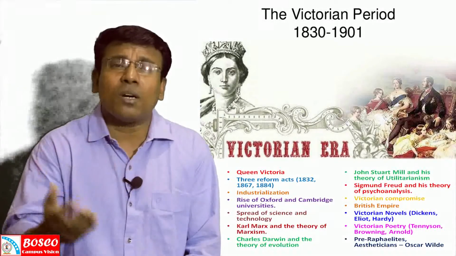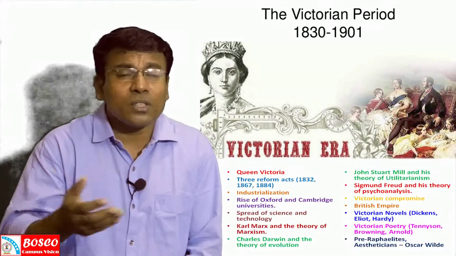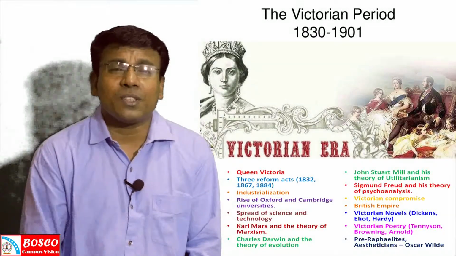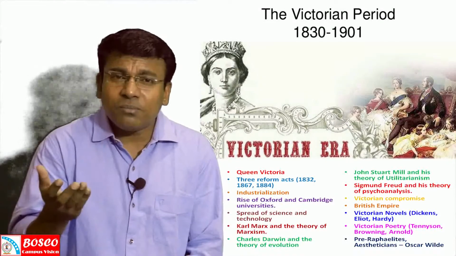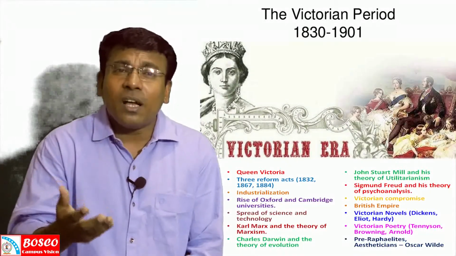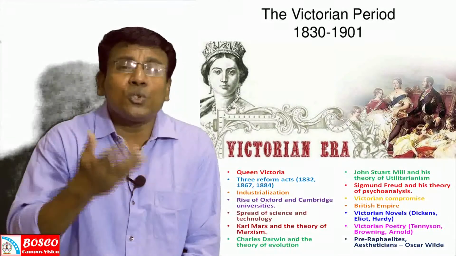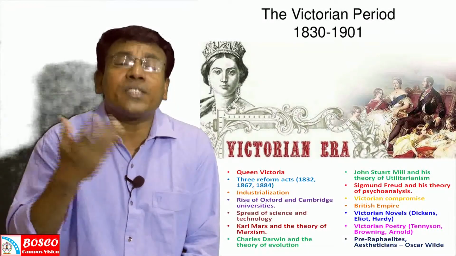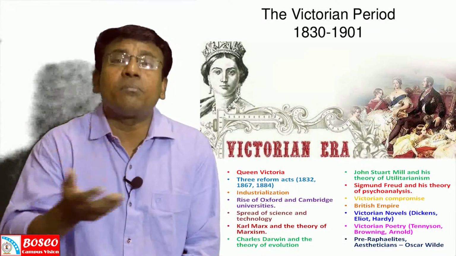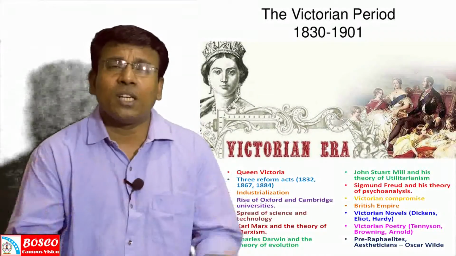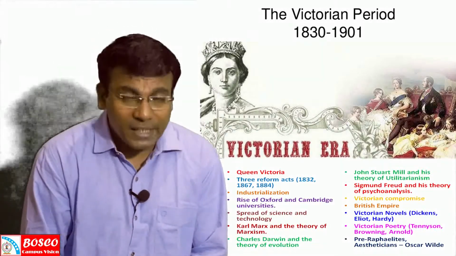We also talked about the rotten boroughs, the reorganization of the boroughs, etc. We also talked about Chartism and the People's Charter and the universal call for enfranchisement, the right for every male to vote. So these were the topics that we covered in our second lecture.